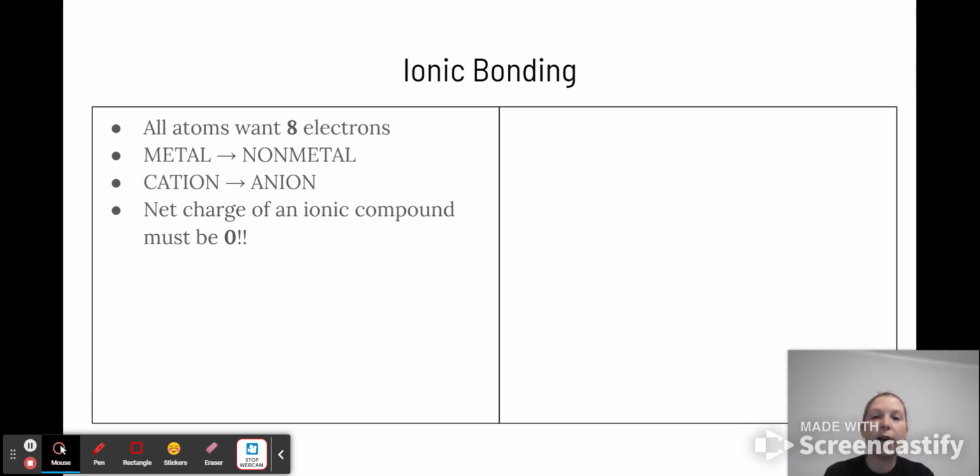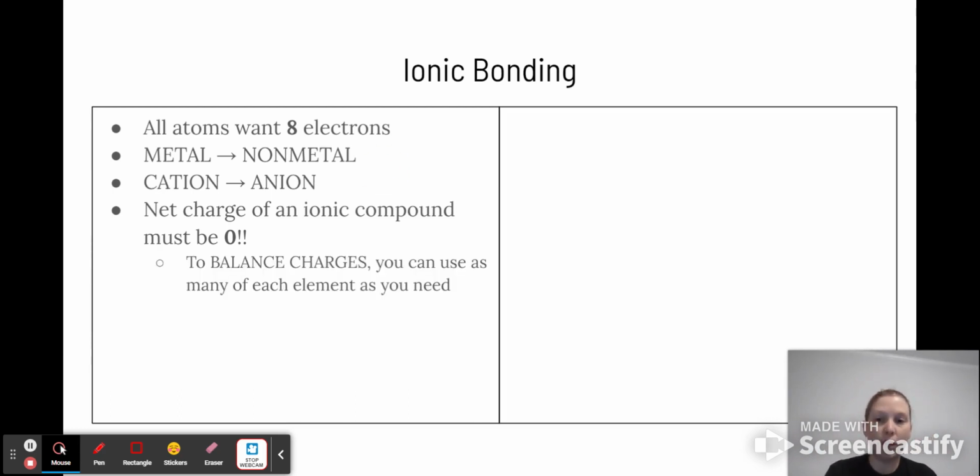And we need to see that in an ionic compound where bonding takes place, we have a net charge of 0. So that means if we have a metal that lost 2 electrons, we need to have nonmetals that gained those 2 electrons. So they need to cancel out. To balance these charges, you can use as many of each element as you need. So let's say we have a metal that loses 2 electrons, but it's partnered with a nonmetal that only gains 1 electron.